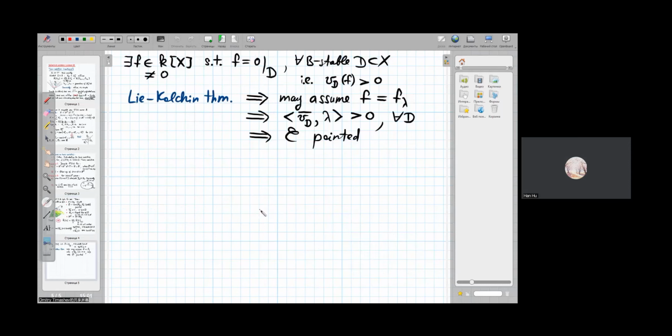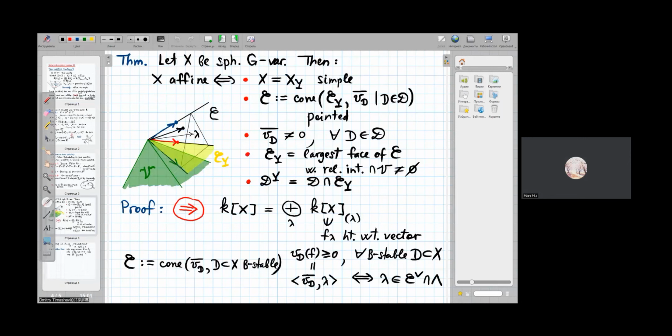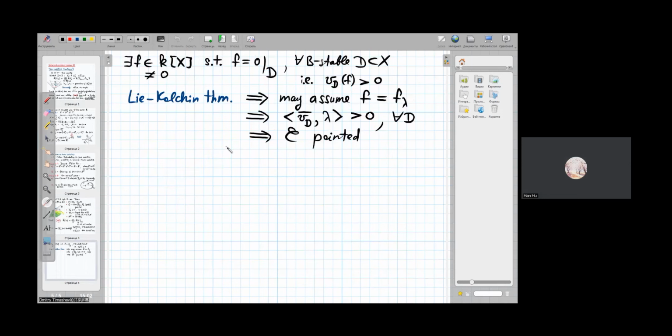Let's go on. Sorry, I have a question. Yes. So why there exists such an F? No. So why we have an F so that it vanishes on all D? I just choose a function. So the union of all D's is an affine subvariety in X. I take the vanishing ideal of this affine subvariety.